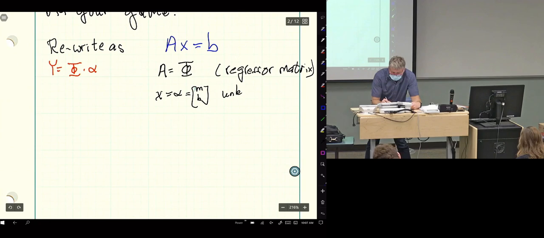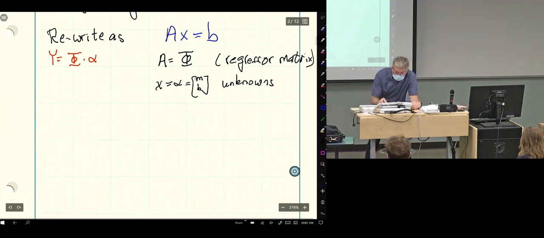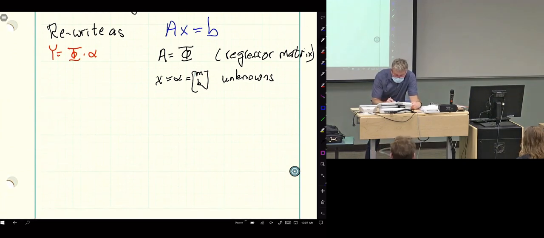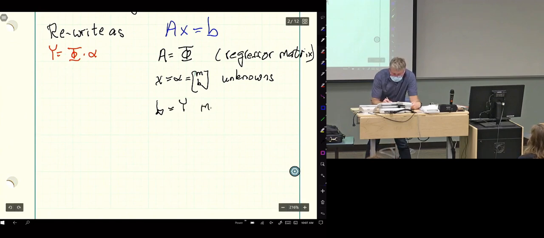Not being called x, they're being called slope and offset. That's fine. And then finally, b is equal to y, which is our measured data.